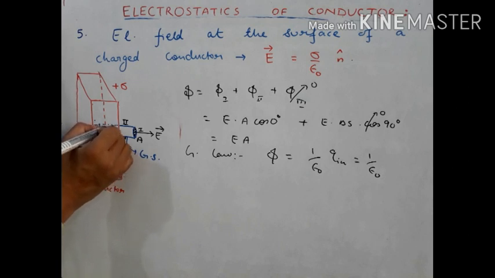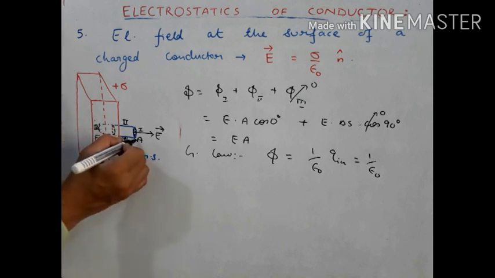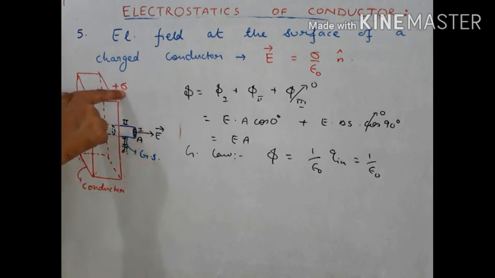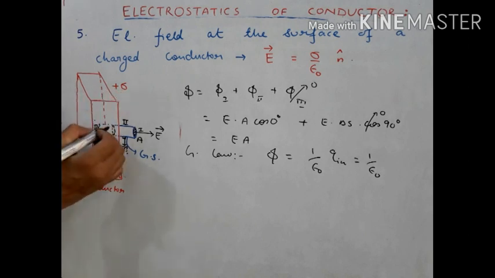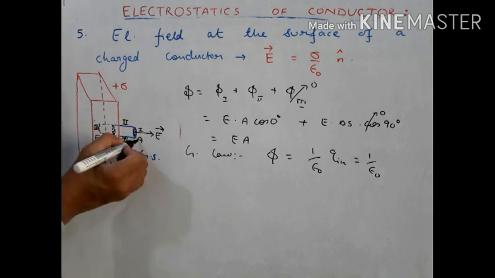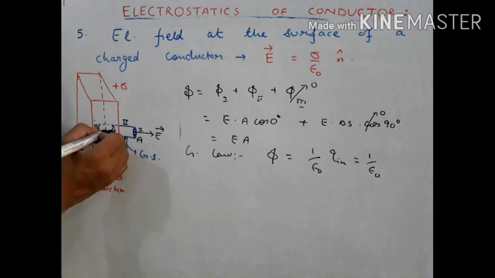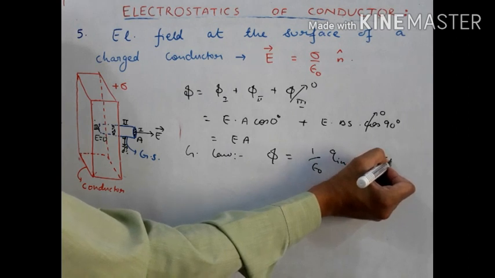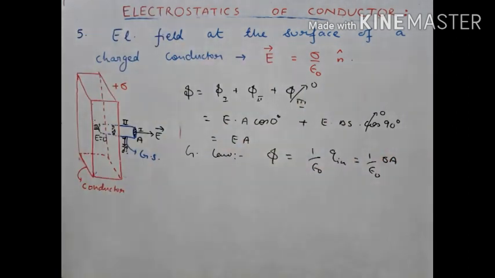This region is also circular and has area how much? A. Now sigma is the surface charge density, that is charge per unit area. If it is charge per unit area and this area is how much? Capital A. Area A will enclose how much charge? That will enclose a charge equal to sigma times A. So that is our Q in. So put this value.